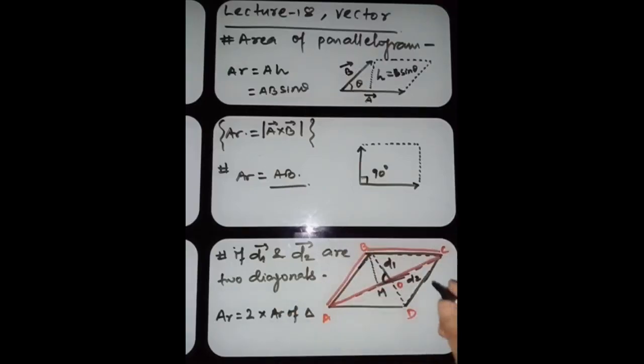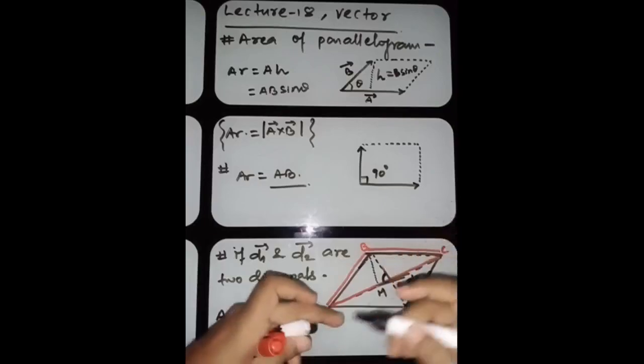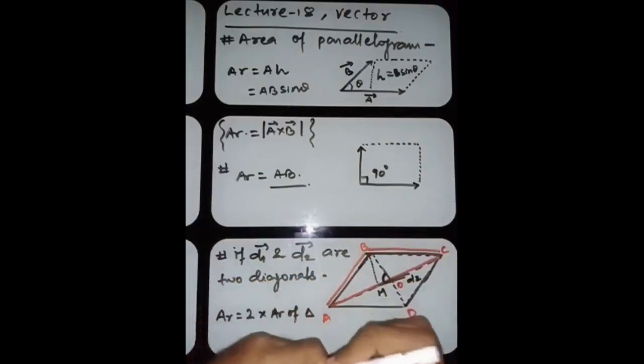If this is the theta, my dear students, look carefully: this will be d1 by 2. Since BD is d1, BO will be half of d1. Now this d1 by 2 will have two components. Let me draw the perpendicular here using my red marker.